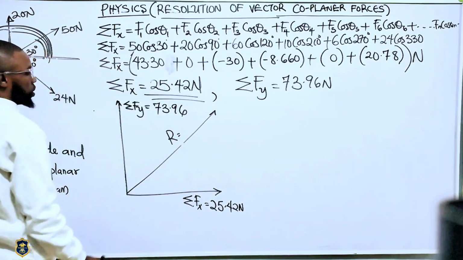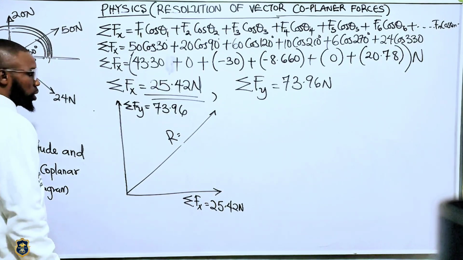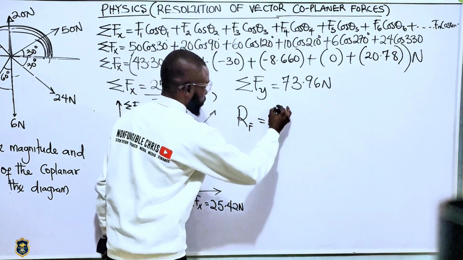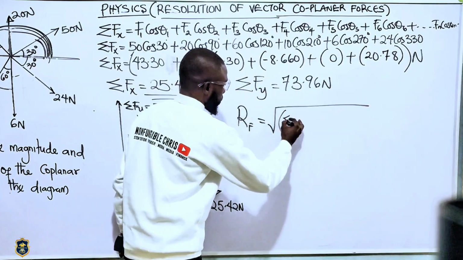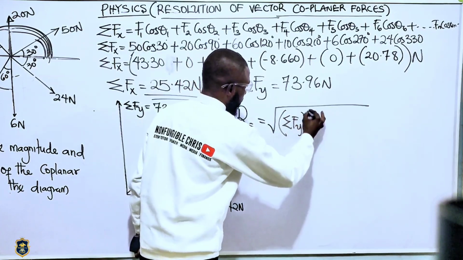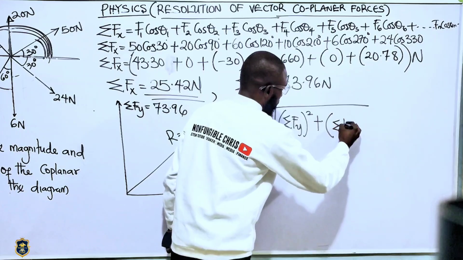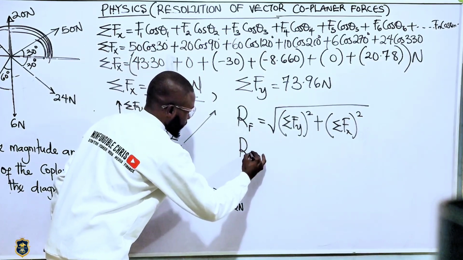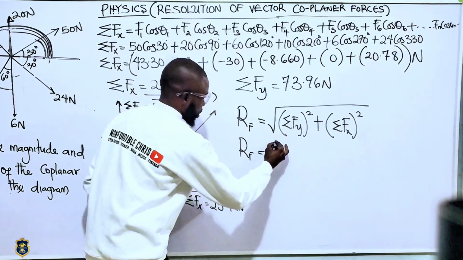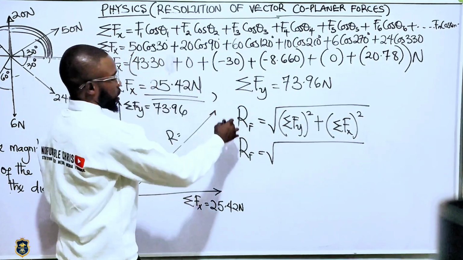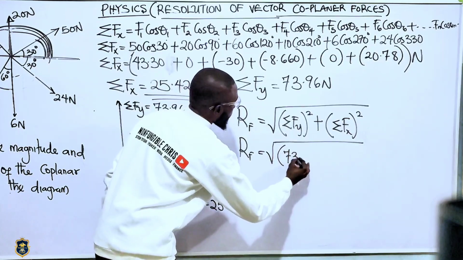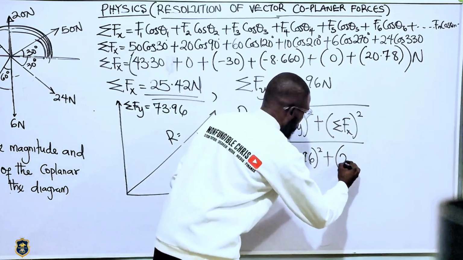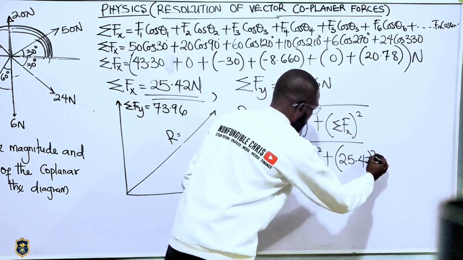The resultant gives the same effect as all of those forces. We know our resultant force is going to be the square root of ΣFy all squared plus ΣFx all squared. So for Y we have 73.96 all squared plus 25.42 all squared.